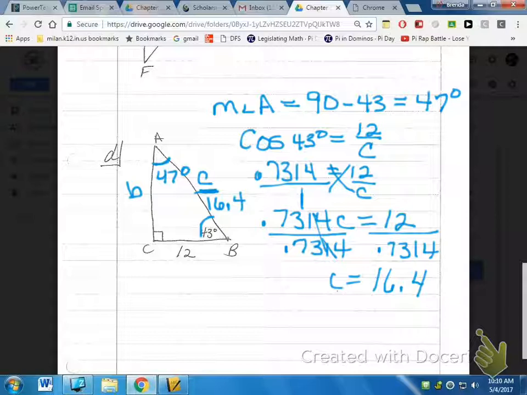Last but not least, we need to find little b. In relation to angle B, which side is little b? Opposite. Opposite, and we have adjacent. Which trig function uses opposite and adjacent? Tangent.